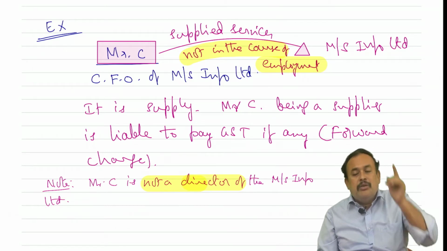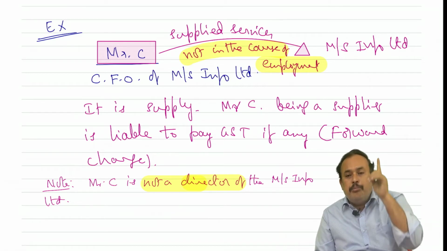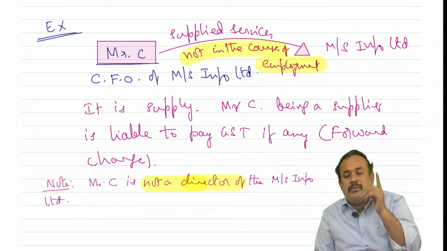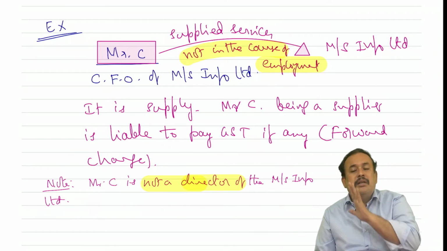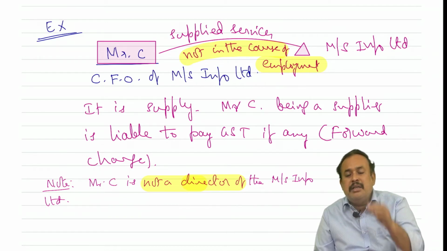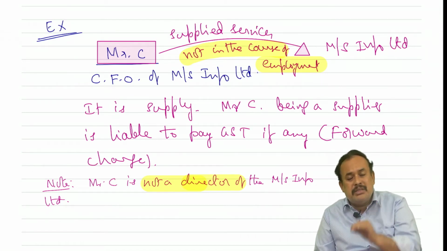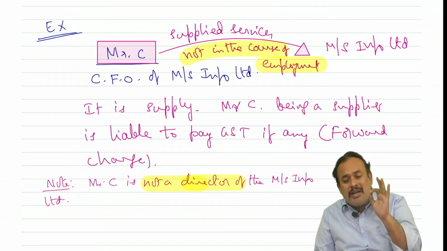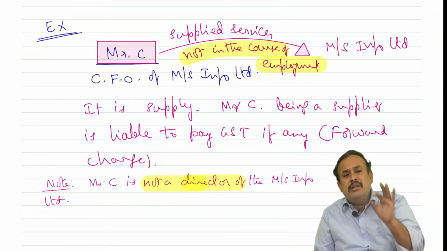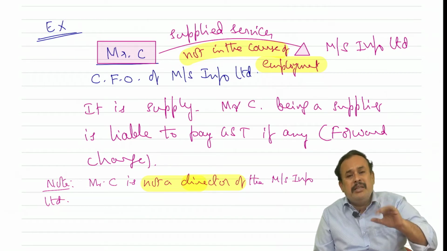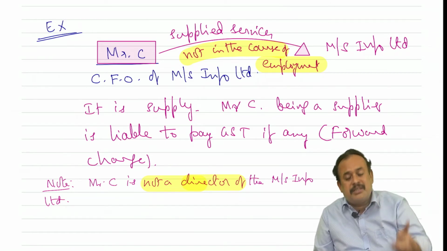Now come back. First point we referred: employee providing services to the employer in the course of his employment does not attract GST. It is covered under Schedule 3. Whatever transactions are covered under Schedule 3 will be outside the scope of GST law.